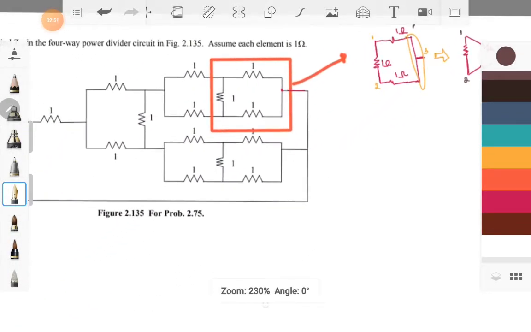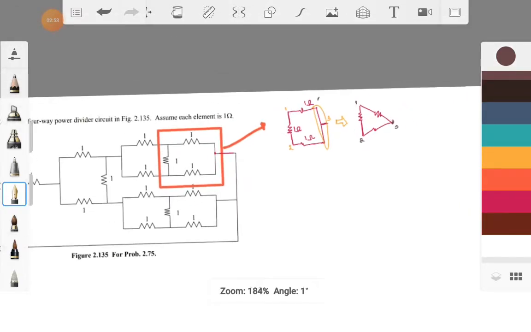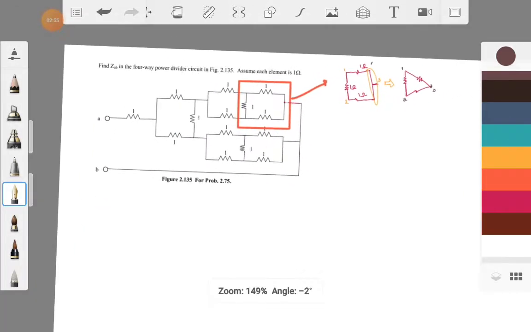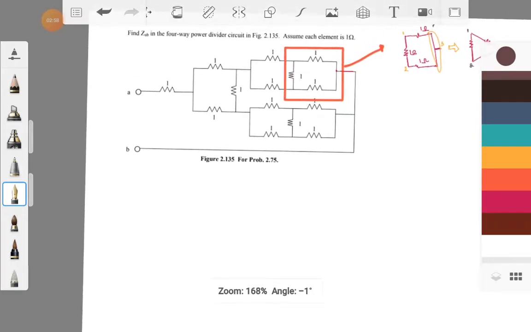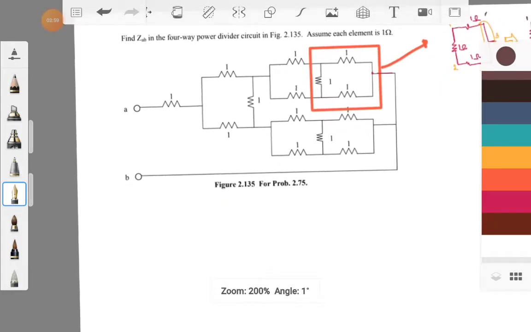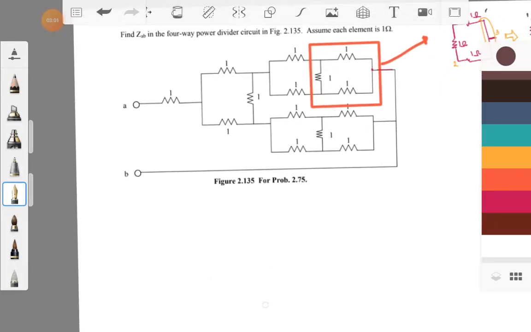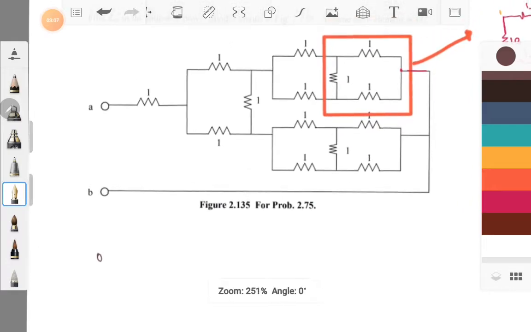Okay, so that is a delta connection. So I may redraw my circuit A and B into another circuit diagram which is equal to it. This is what I said in your first meeting.